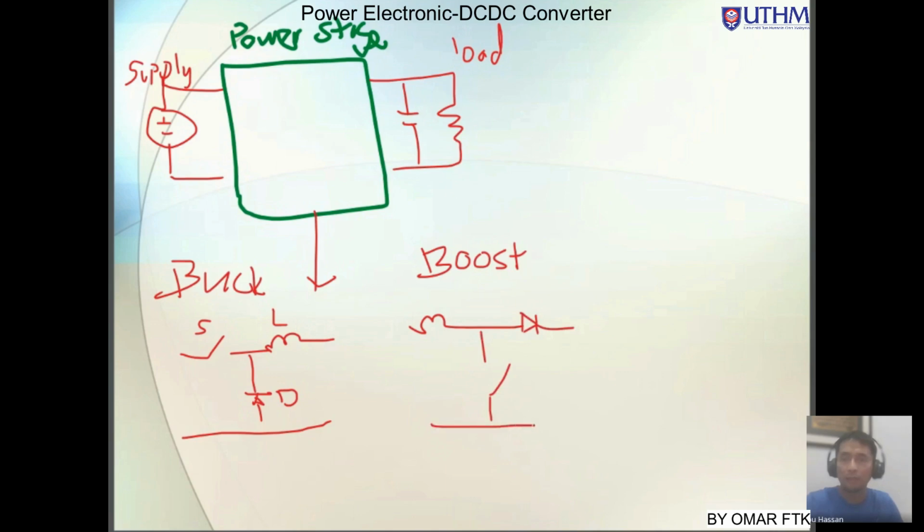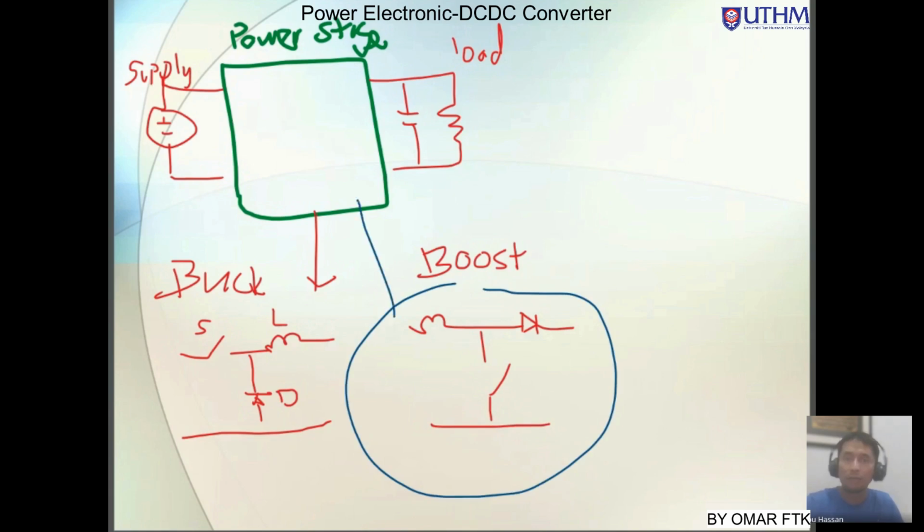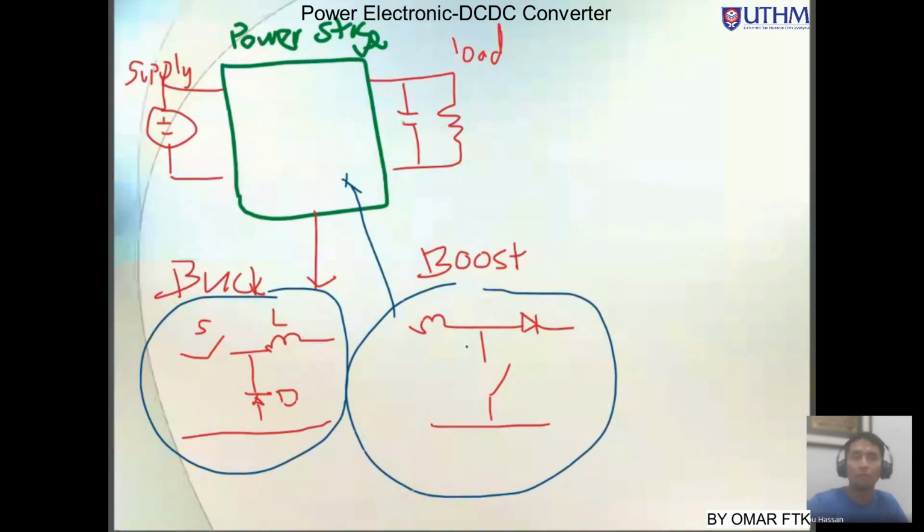This is where we connect the input. Previously in the buck converter, we used the other arrangement inside the power stage, but for the boost converter, we arrange our inductor, our diode, and our switch like this.